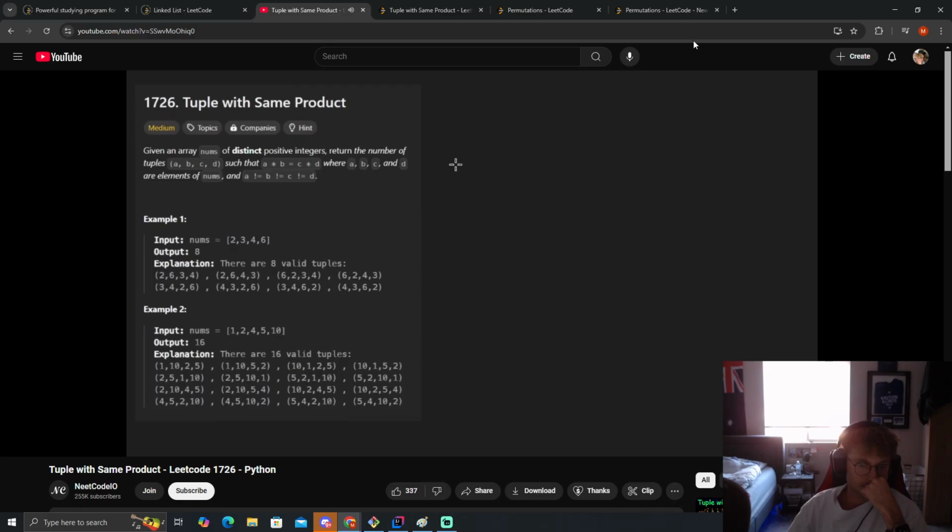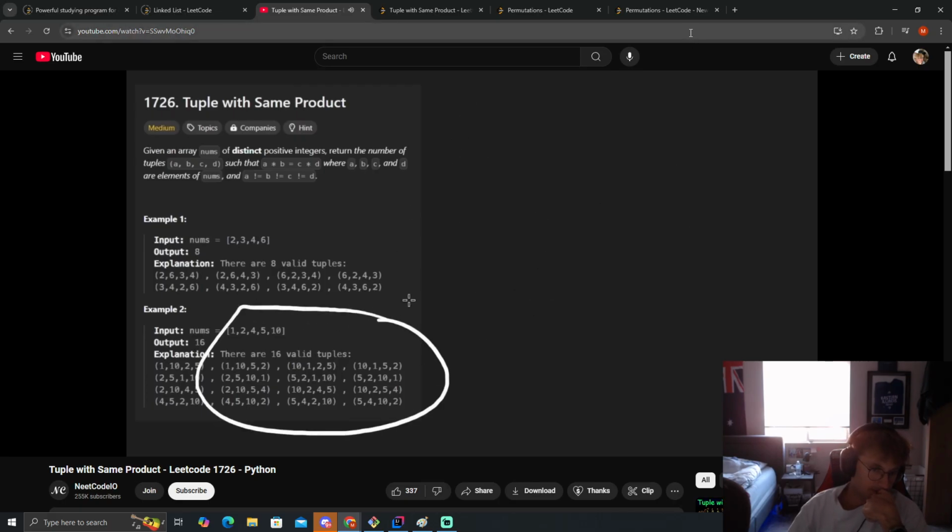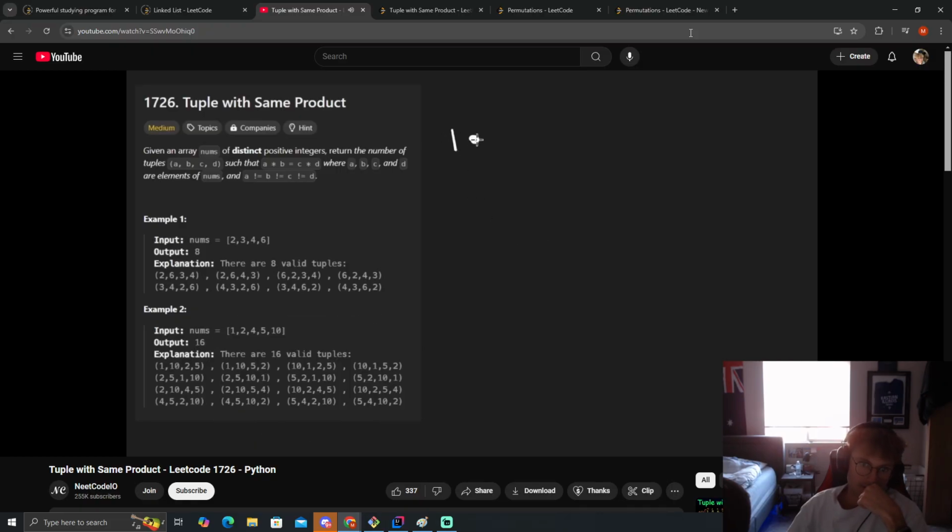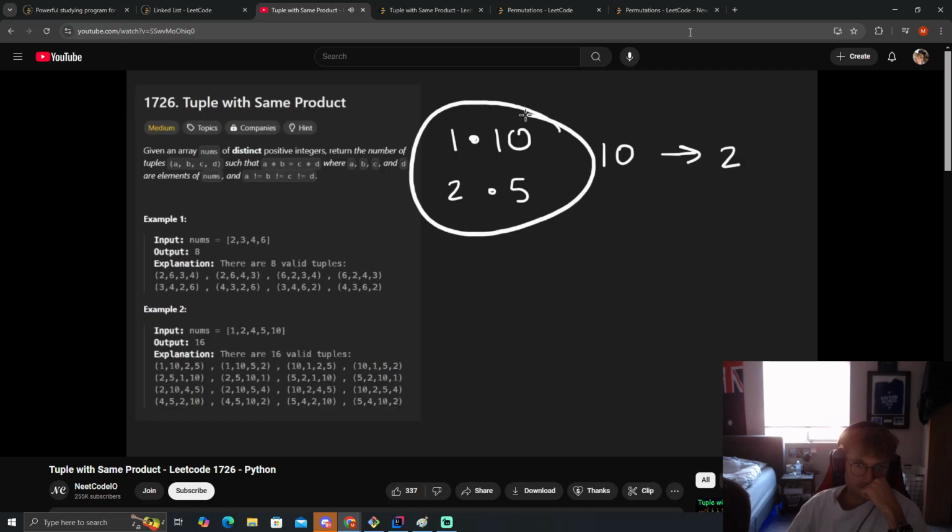One thing that you could say about this second example in particular is that we had two different ways that we could total up to 10. So 1 times 10 and 2 times 5. So basically, for the product that is 10, there were two ways that we could create that number. And same thing with 20, actually.